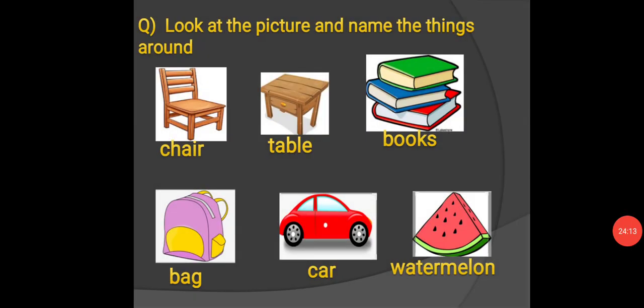Further, we were discussing naming words, the words that tell us about the names of different things. It can be a person's name, a place name, the name of a thing, or the name of an animal. All these are called naming words, and naming words are none other than nouns. Then these nouns are classified into 4 different categories.